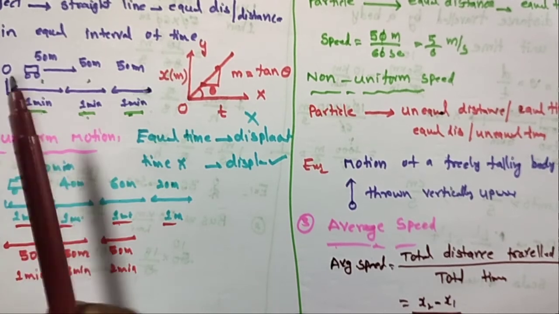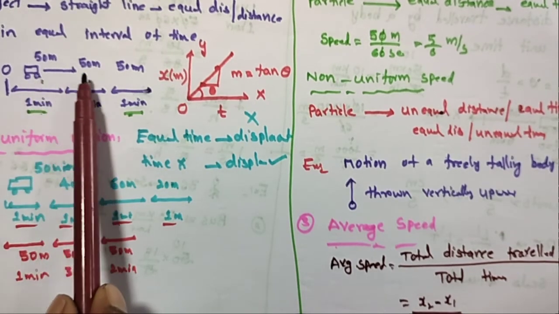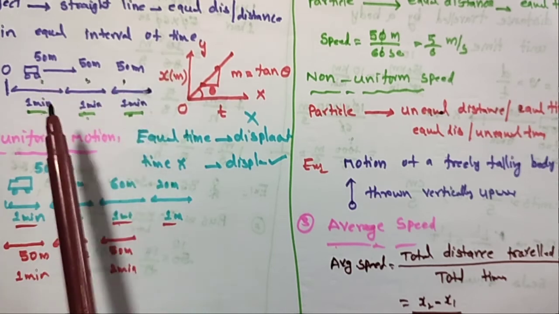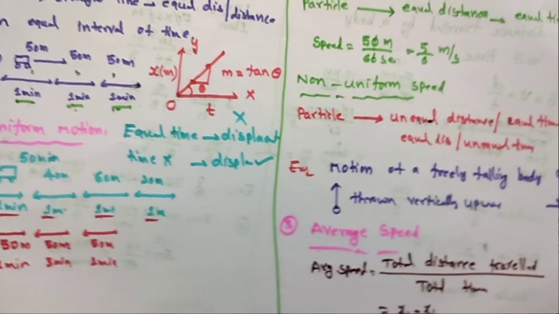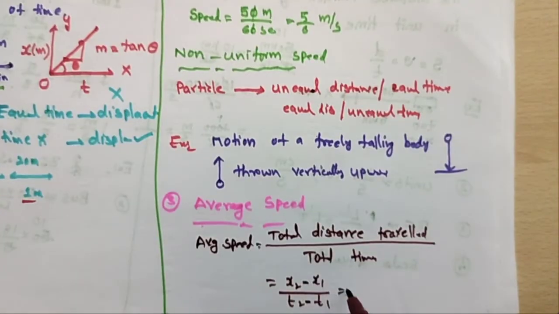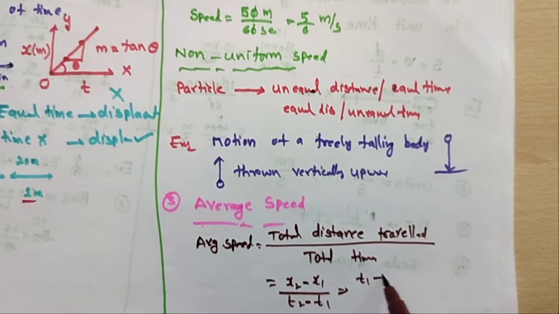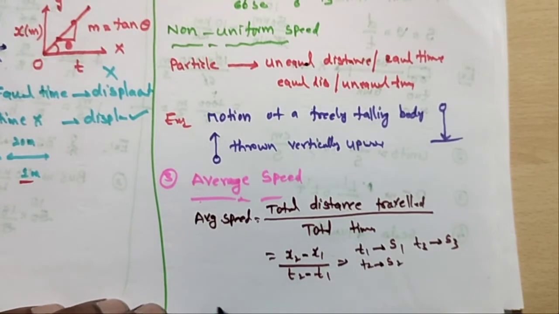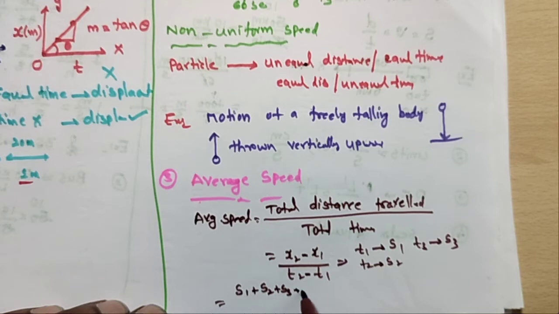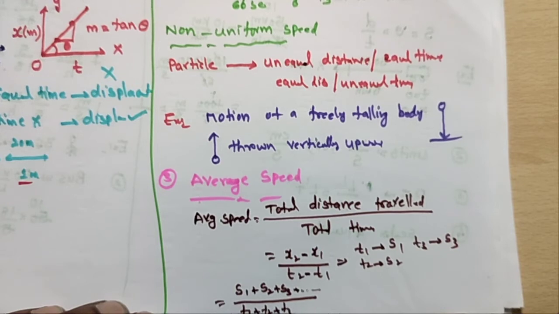So in this example, what is the average speed? Total distance traveled is 50 meters. What is the total time? 1 minute. So in the t1 time there is s1 distance moving, in t2 time there is s2 distance moving, in t3 time there is s3 distance moving. The average speed formula is s1 plus s2 plus s3 and so on, by t1 plus t2 plus t3 and so on.